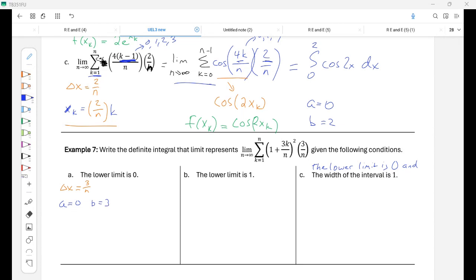Okay. So that means that our xk, which I can still do in blue, is 0 plus delta xk, so 3k over n. So what is, in this instance, what does that make our f of xk?